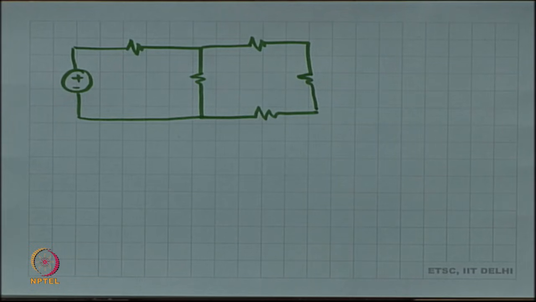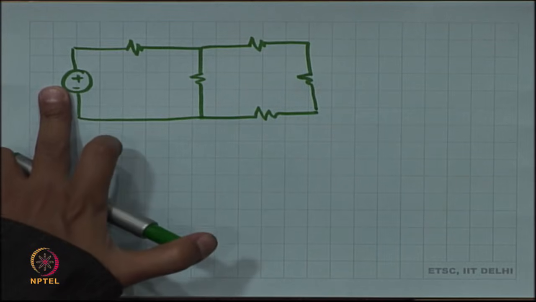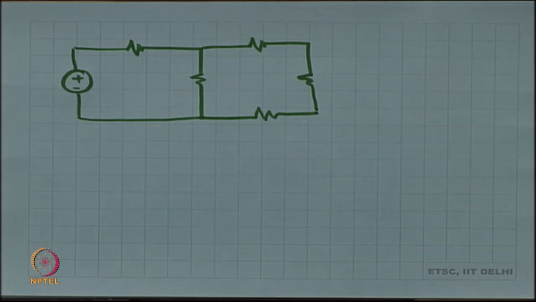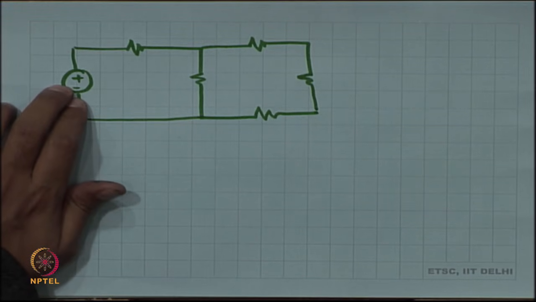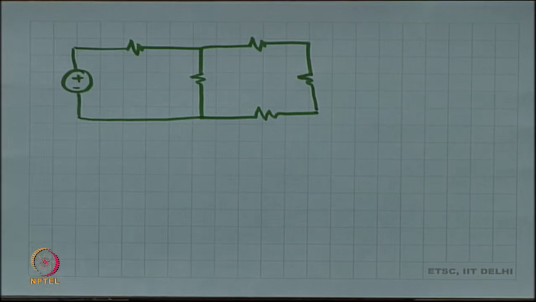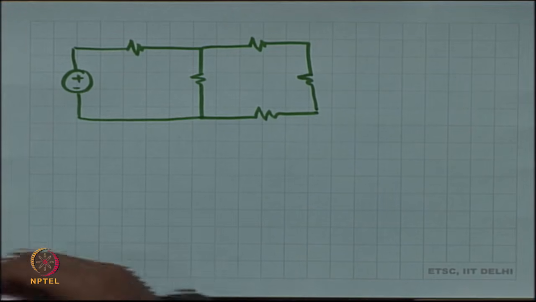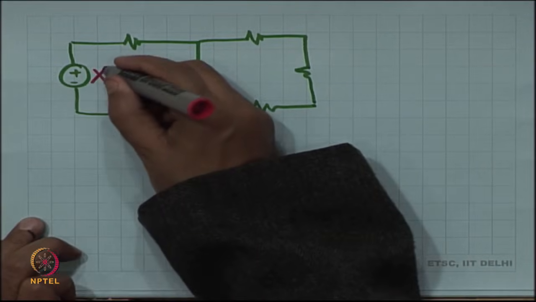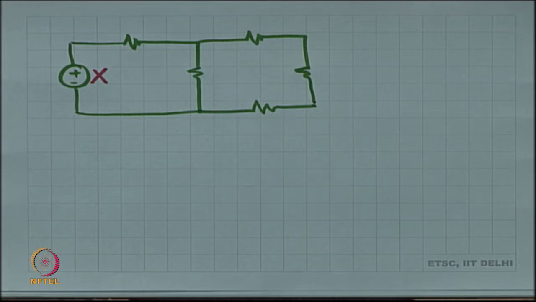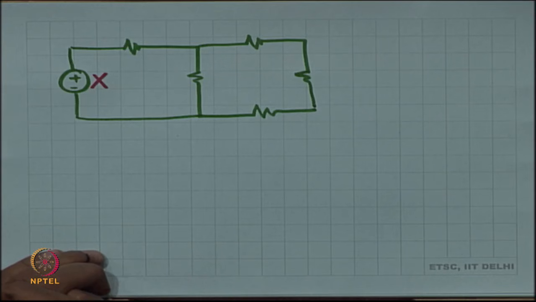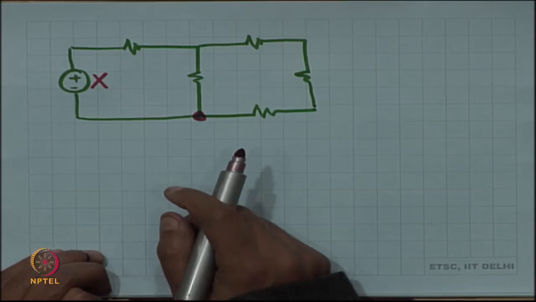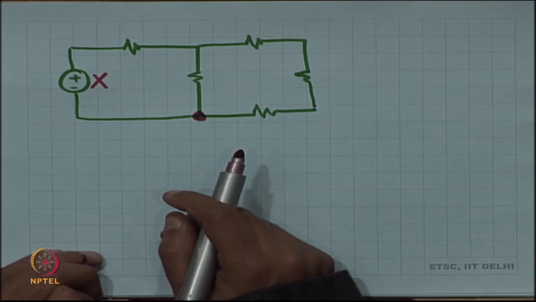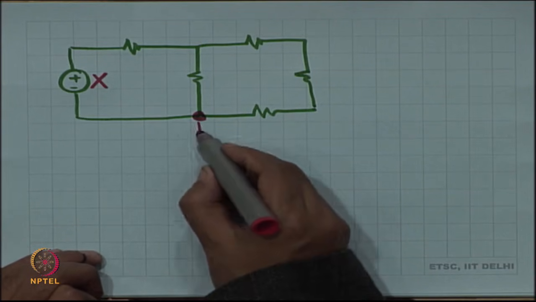In electronics, these voltage sources might not be shown. Invariably, we do not draw these voltage sources at all, number one. So, we do not show the voltage source. I will show you how I am going to redraw this circuit in electronics. Number two, this reference point is going to be shown as ground.